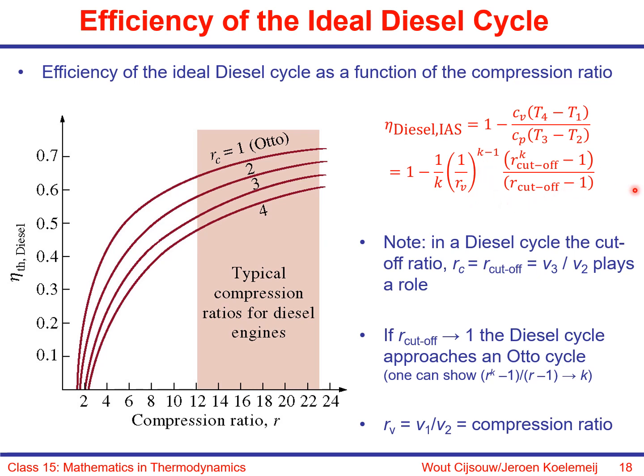This is confusing. At least it was confusing to me at first. But it turns out that if you let R approach 1, then the limit of R approaching 1 of this fraction becomes k. So the k cancels against this 1 over k, and what you end up with is indeed the Otto cycle efficiency.